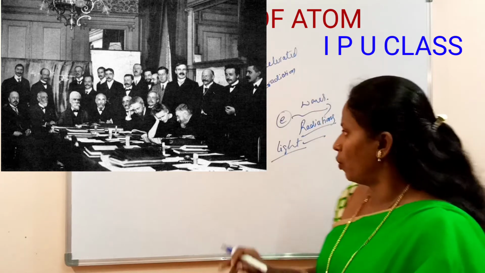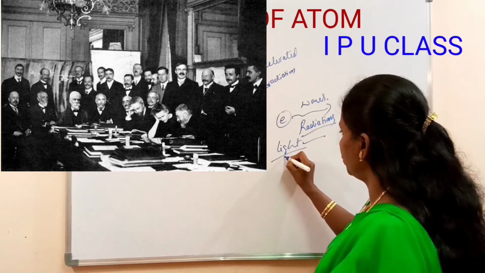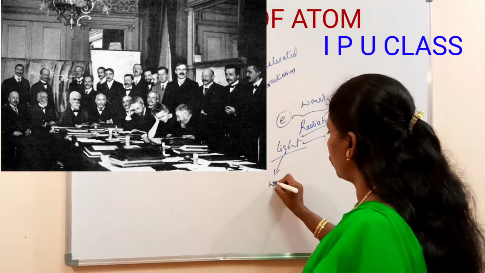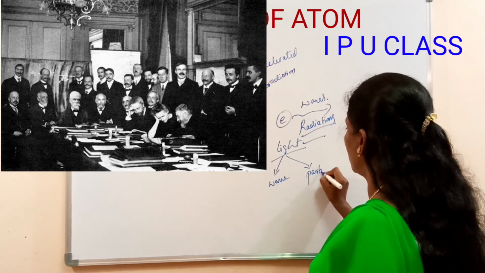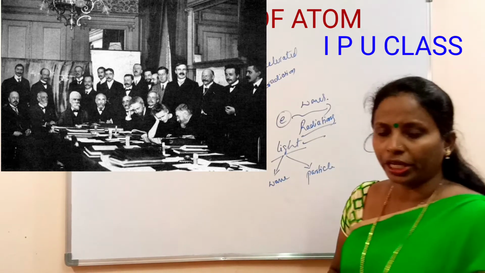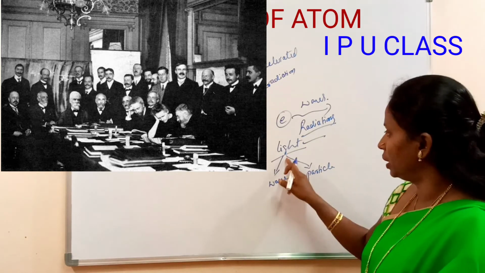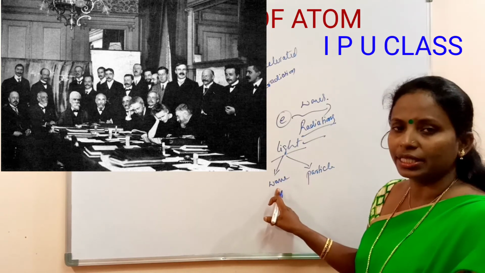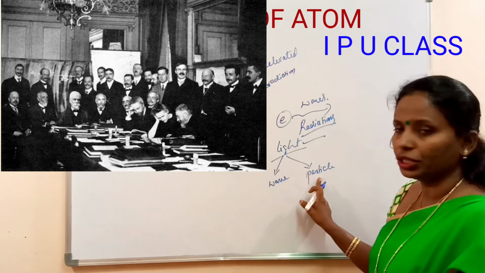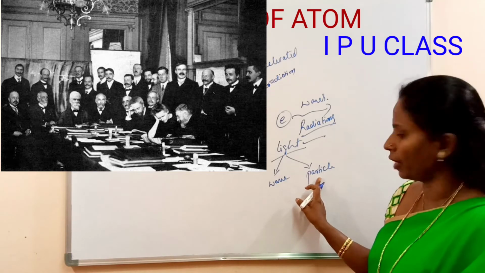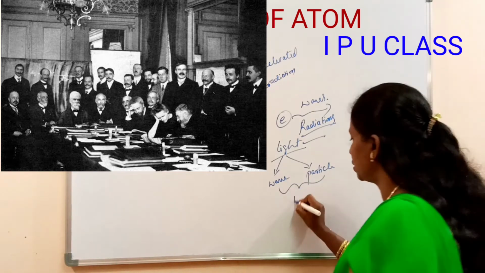Finally they all concluded that light shows the behavior of wave property as well as particle property. In some experiments it behaves as a wave, and also it behaves as a particle. So that is called the dual nature of matter.